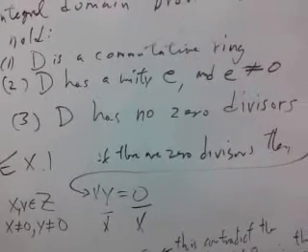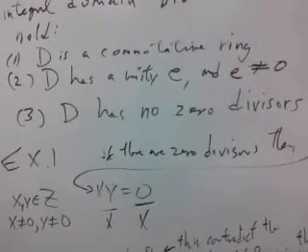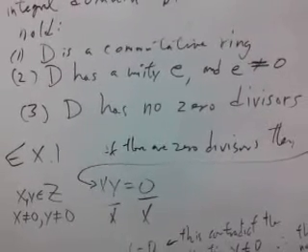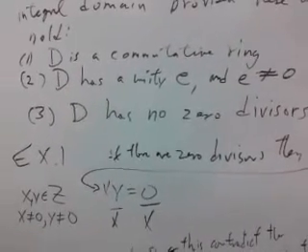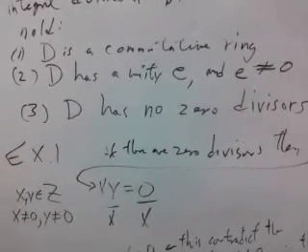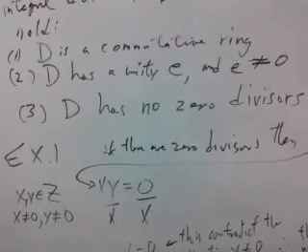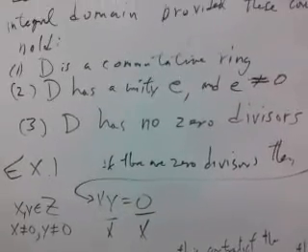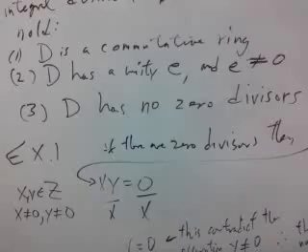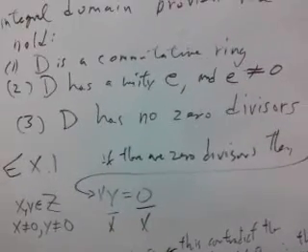And generally speaking, E represents the multiplicative identity. This is the identity for the second operation, which generally speaking is the operation of multiplication. And last but not least, D has to have no zero divisors.